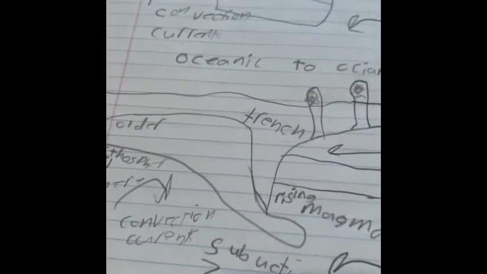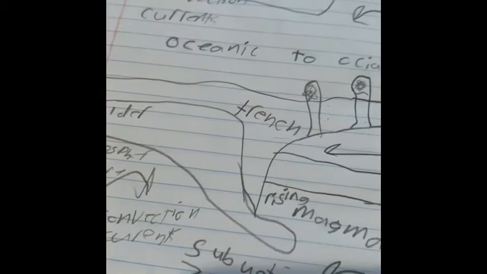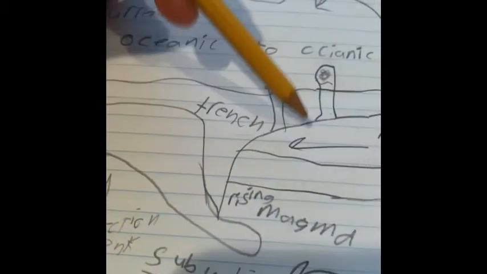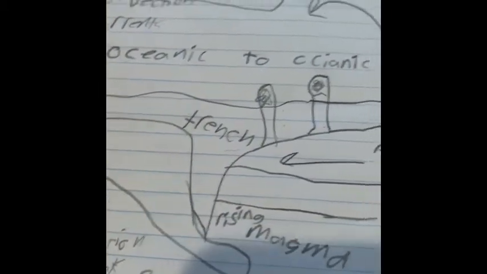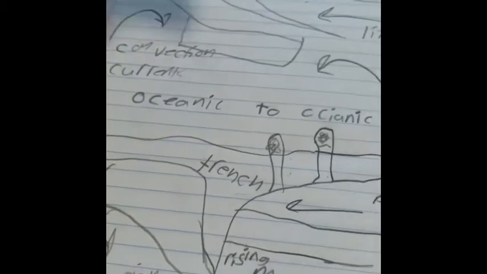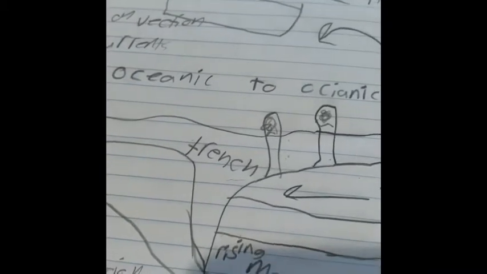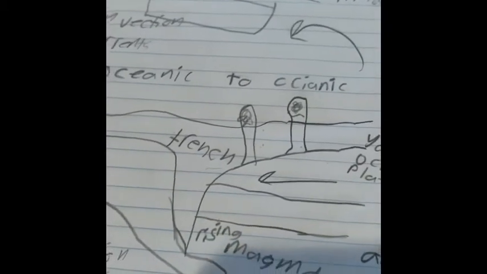And then, so basically, just to go over what it does again, the older and heavier one goes under the new oceanic plate, and it melts, and all that rising magma rises back up to the young oceanic plate and creates a volcanic arc. This is the continental to continental convergent boundary.